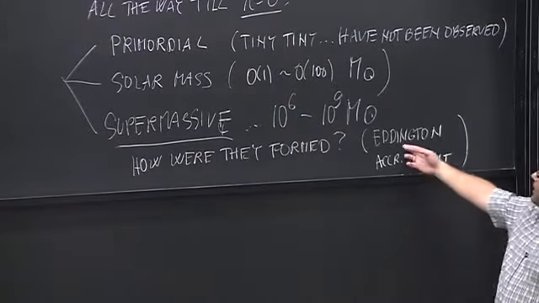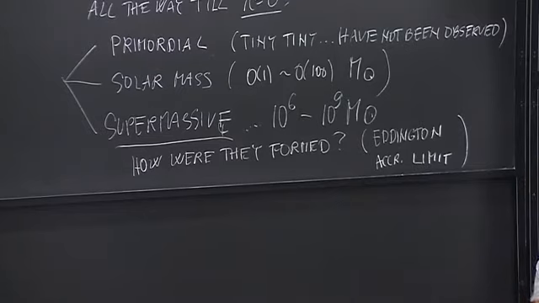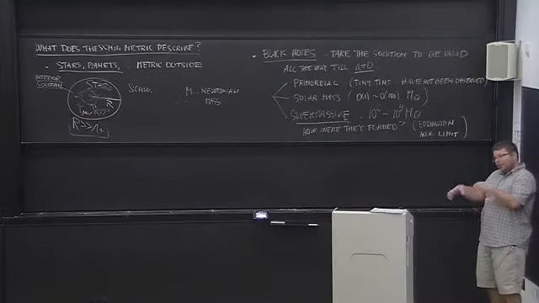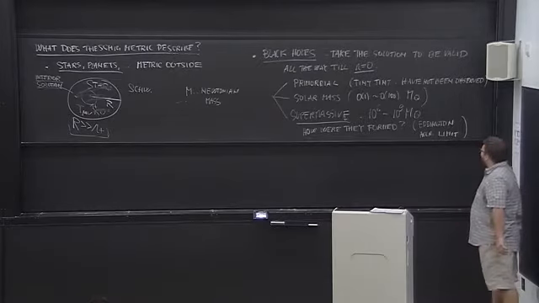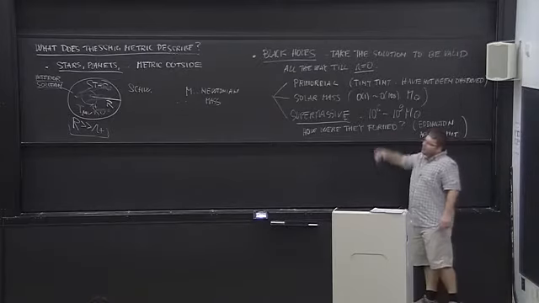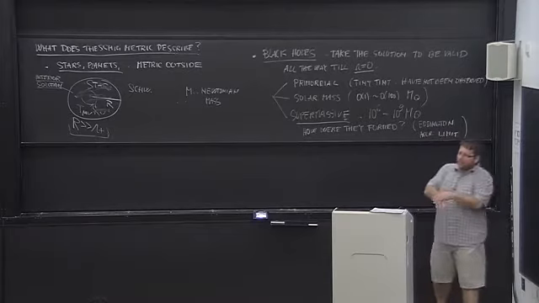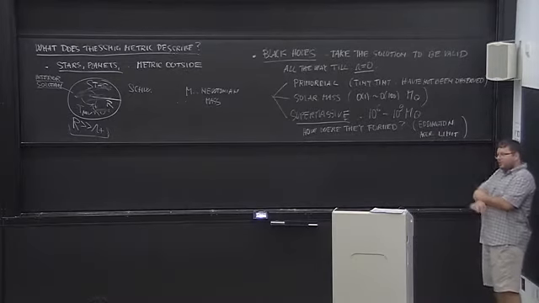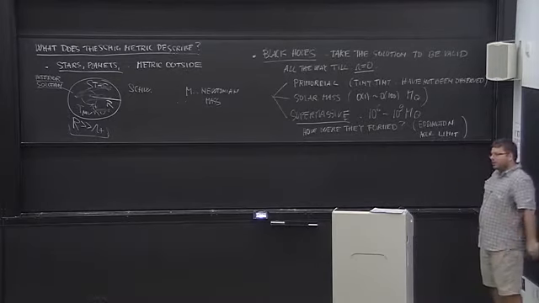Okay, so now there's a limit, called the Eddington limit, on how fast you can actually accrete matter, how fast you can eat stuff around you. And now these objects have been observed at very, very large redshifts, so very, very far away in the very, very early universe.